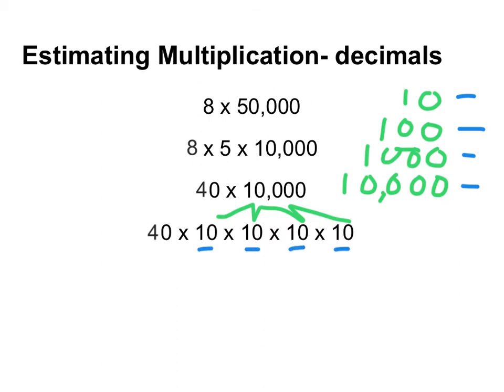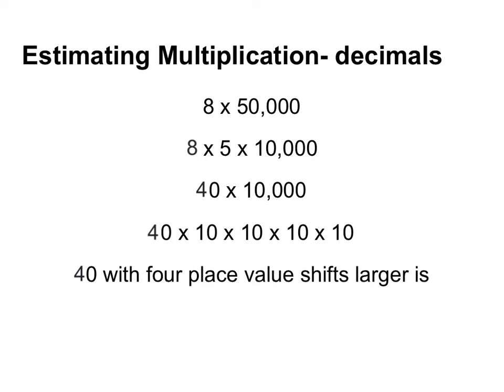So what does this mean? This means 40 with 4 place value shifts larger. So the 4 is starting in the tens place, so it needs to shift 4 times. So there's tens, hundreds, thousands, 10,000s, 100,000s.